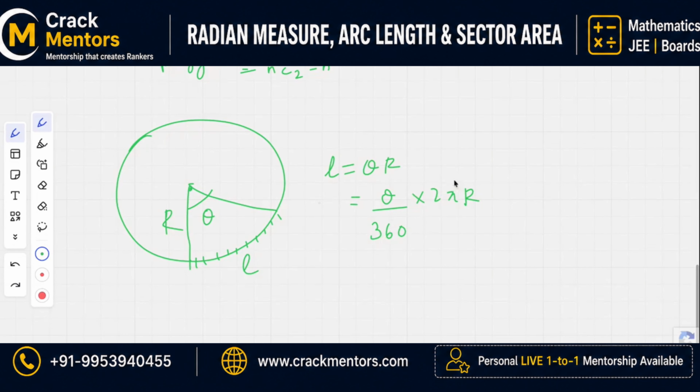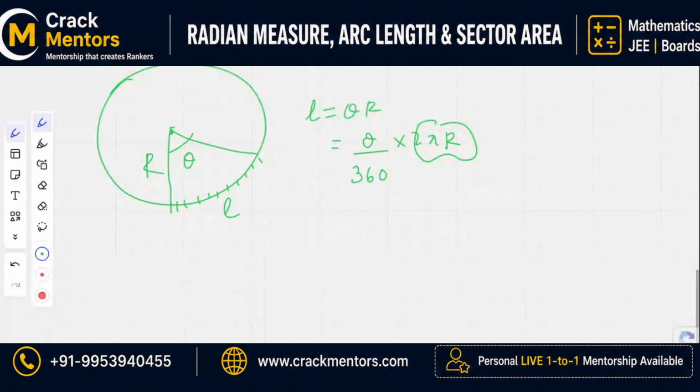And this is just telling me that if I have to write arc length in terms of circumference, so circumference into theta by 360, theta is the angle that's subtended by that arc, right? Am I audible? Yeah.